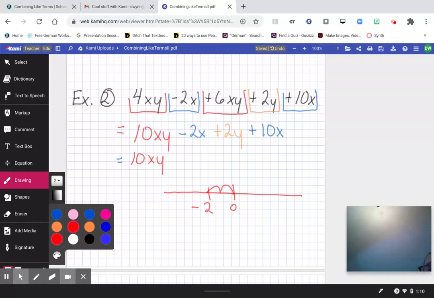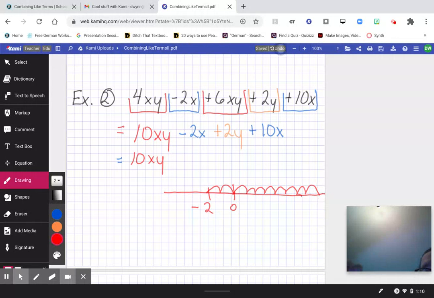That means we're using 2 units of the 10, and we have 8 more, so eventually we'll be at positive 8. Adding negative and positive numbers can be a challenge sometimes, but if you use a number line, it makes it easier. If you're adding, you go toward the right on the number line. If you're subtracting, you go toward the left. So we're left with 8x.